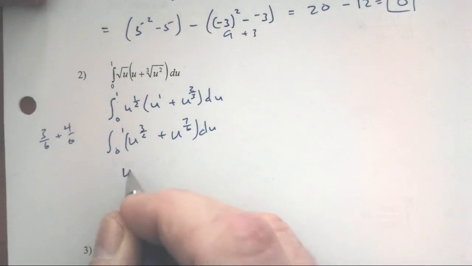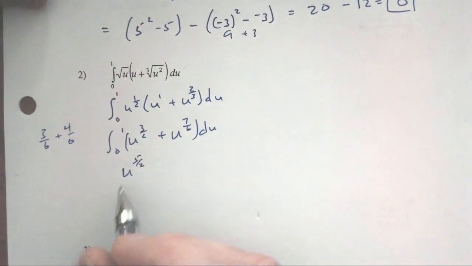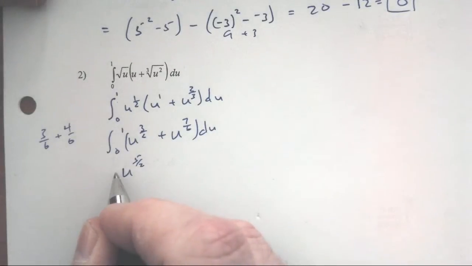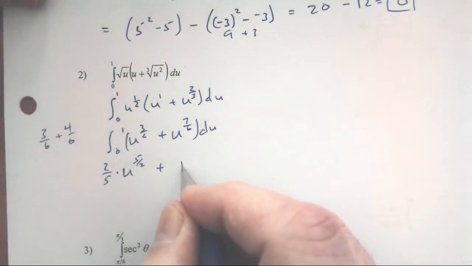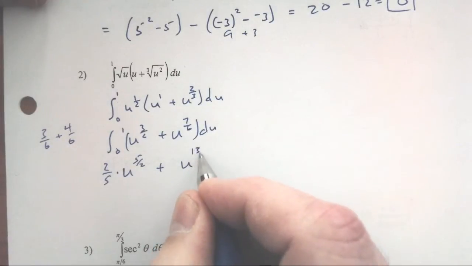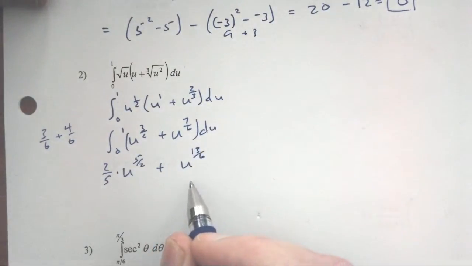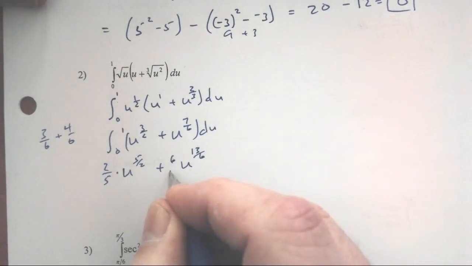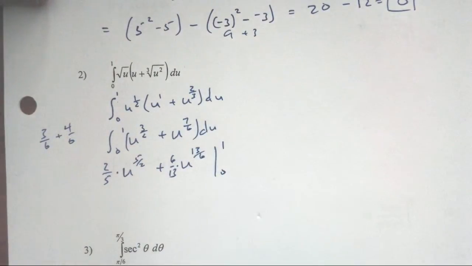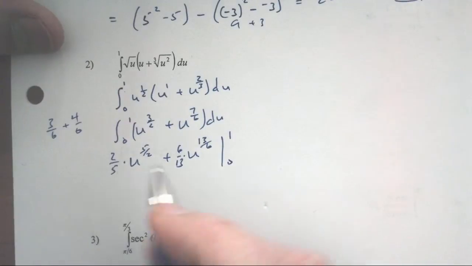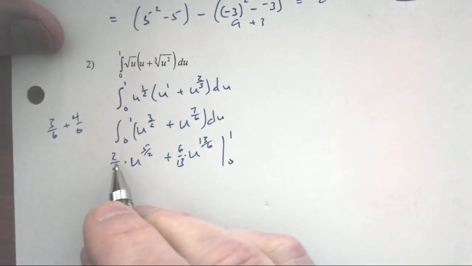So we get u to the 5/2 on 5/2, or times 2/5, plus u to the 13/6 on 13/6, or times 6/13 from 0 to 1. So we end up with, mercifully, 1 and 0, nice values to deal with.